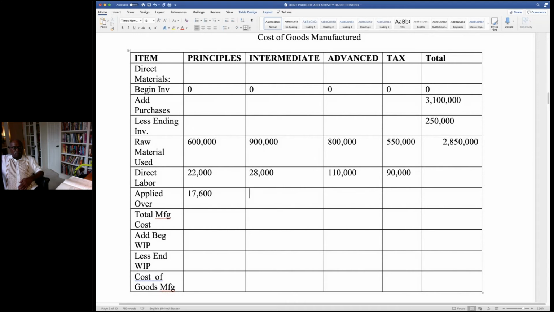And intermediate had 22,400. And then the next one was 88,000. And the next one was 72,000.